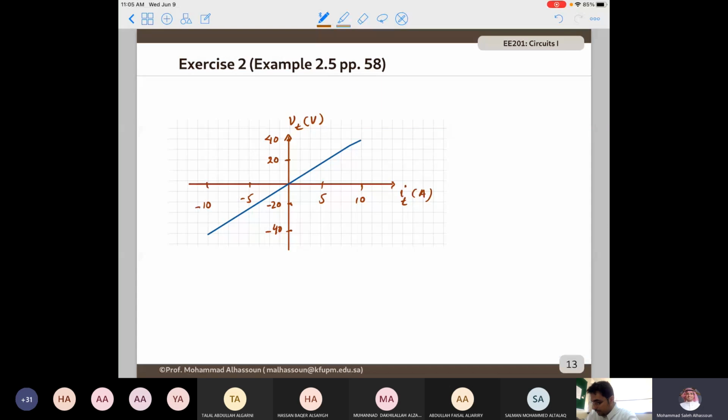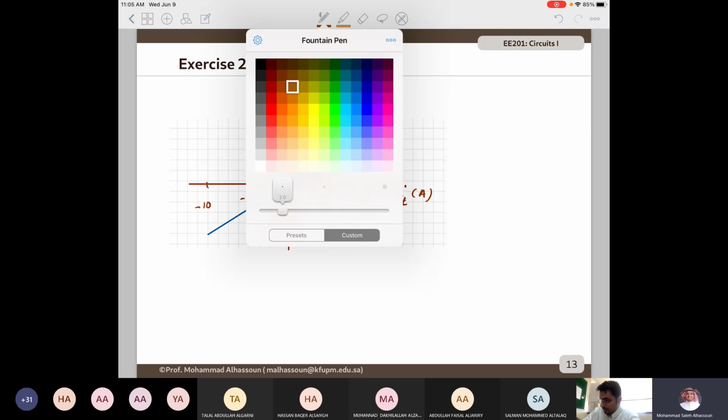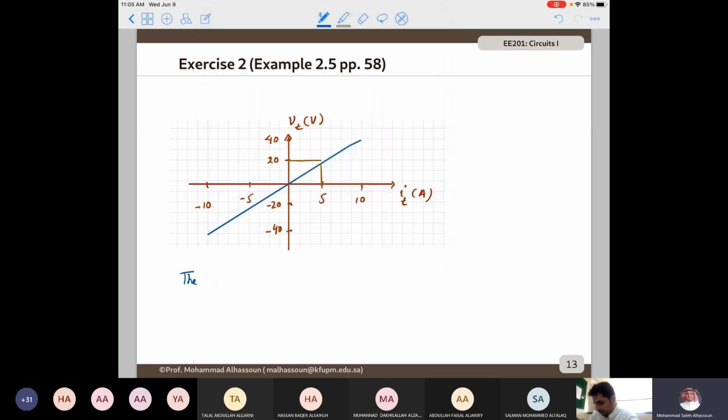If we take the slope, we see that the slope is -20 minus 0 over -5 minus 0, which is equal to 4.